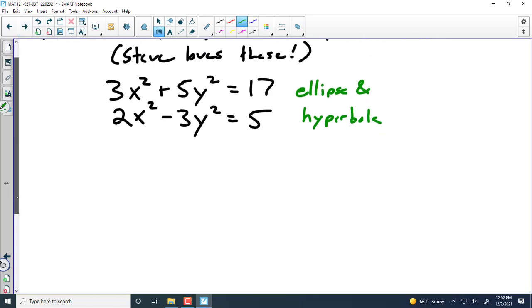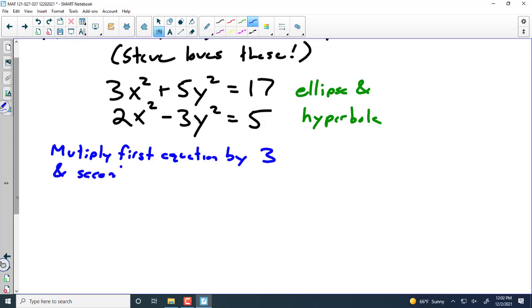So what I'm going to do, everyone, is I am going to multiply the first equation by 3 and the second equation by 5.